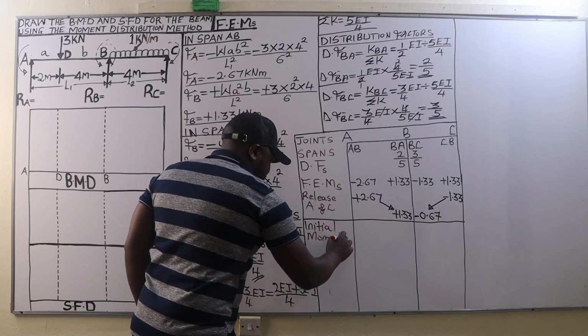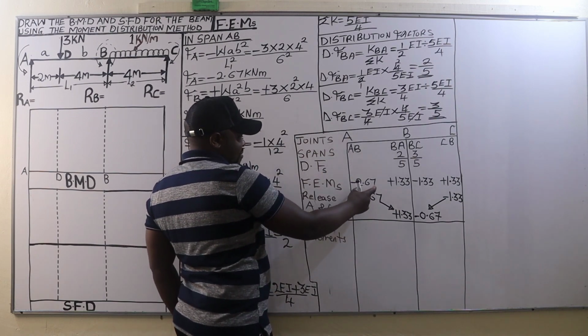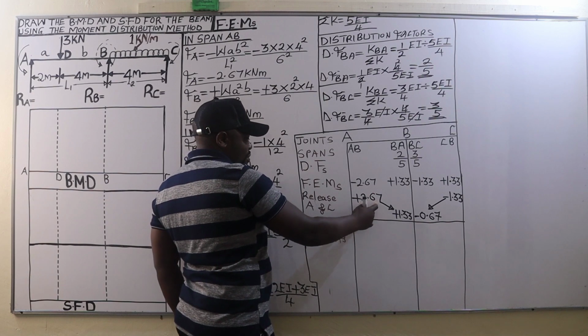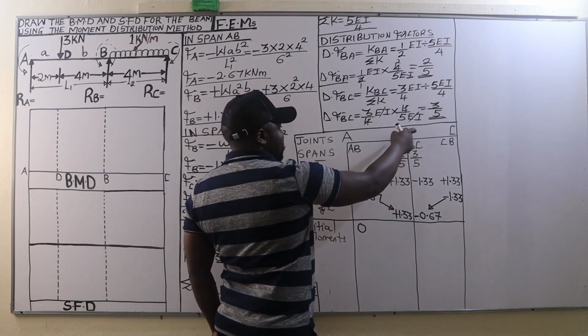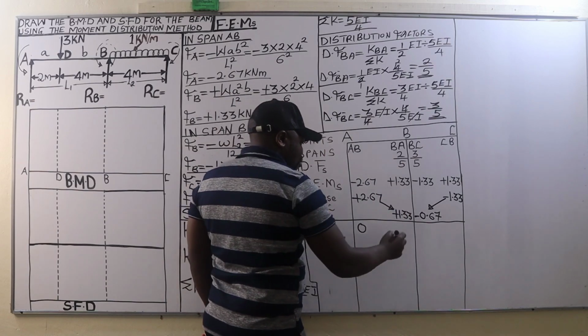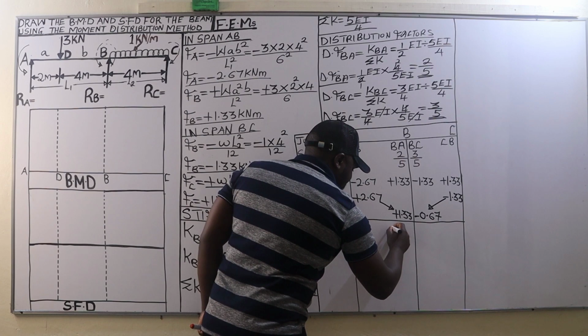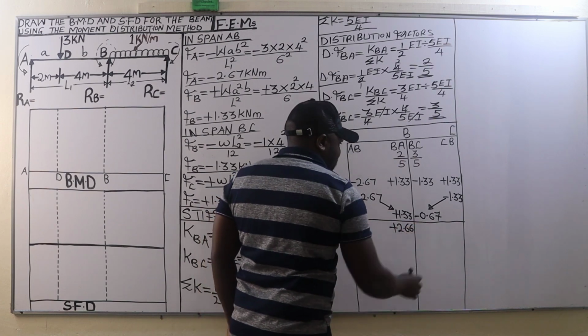Initial moments. At joint A on the span AB, we add these two moments, which gives us 0. Then at joint B, on the span BA, we add these two, which gives us positive 2.66.